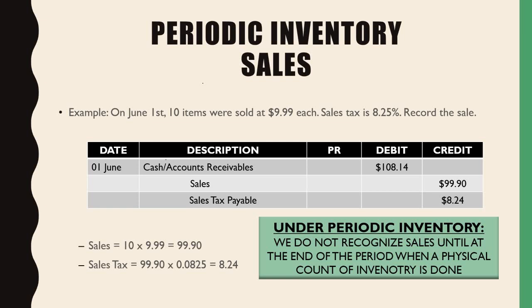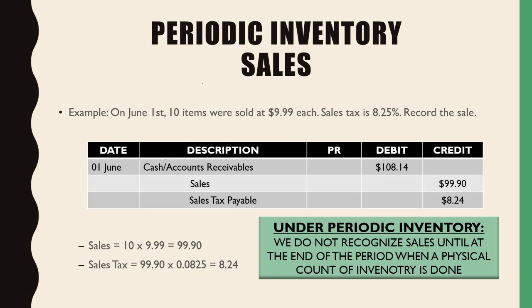So in this one, because we're dealing with periodic inventory, we don't care about recording or keeping track of our sales. We're just going to write that we made a sale, but we're not going to update our inventory because we don't care for it yet. We're going to assume that at the end of the given period, when we have that cost of goods sold, we take it out of our inventory. Okay, so there you go.